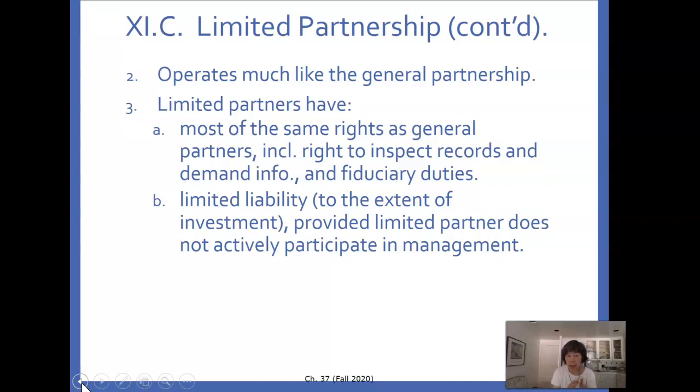That turned into active participation. When the limited partnership was sued, the limited partner found him or herself subject to the lawsuit as well, and his or her personal assets were reached by the creditor. So just a tip to look out for.